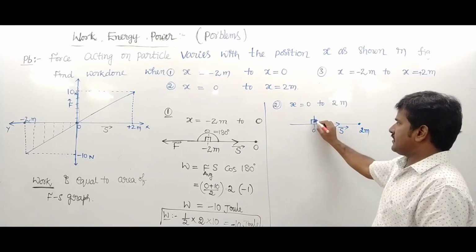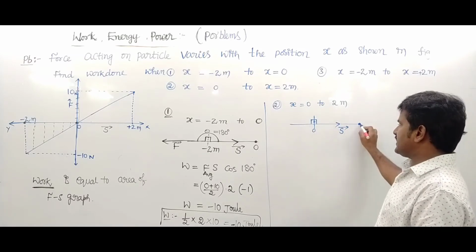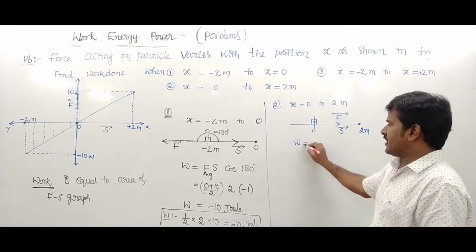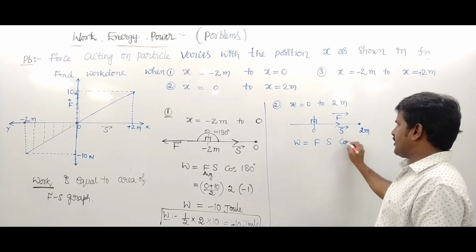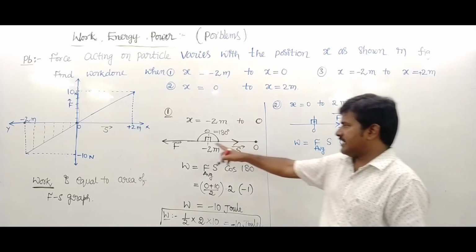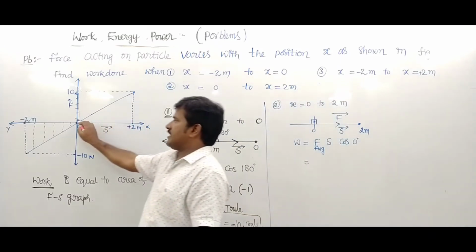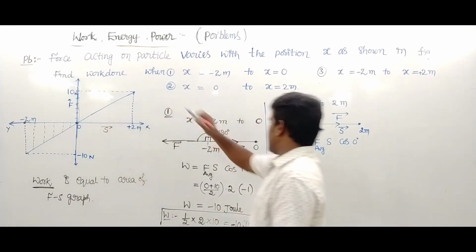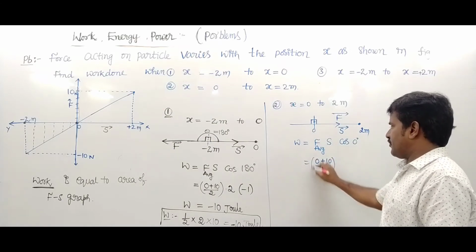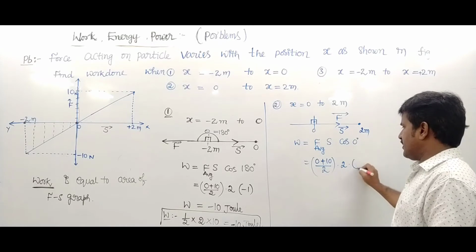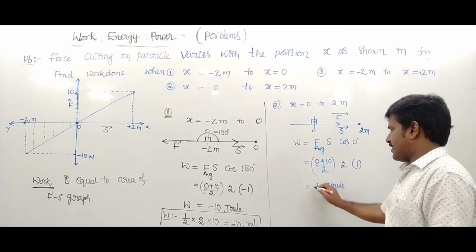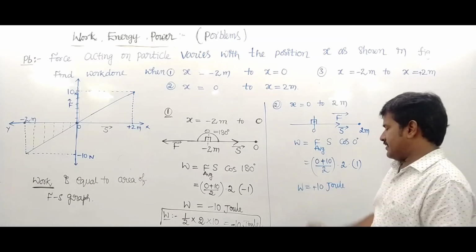The force is also positive. Displacement increases from 0 to 2 meter and the force is also supporting. In this condition work done equals F s cos 0. But this is average force, not uniform force. The force changes from 0 to 10. We use the average, (0 plus 10) upon 2 into s, s is 2 meter, into 1. Its value becomes 10 joule, and the work is positive.